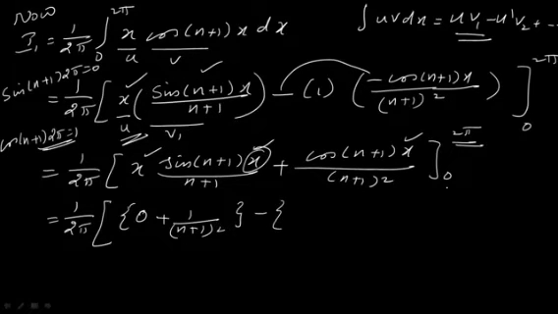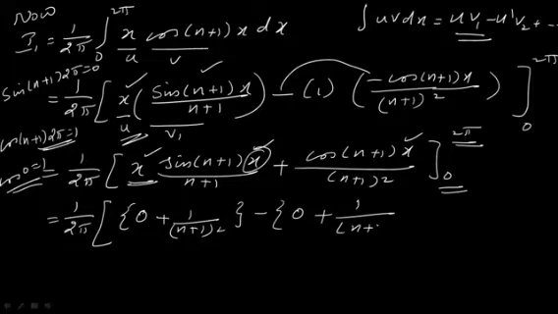Minus, coming to the lower limit, if you substitute 0, what happens? 0 into anything is 0. Plus cos (n plus 1)0, that is cos 0, and cos 0 is 1. So that is equal to 1 divided by (n plus 1) the whole square. That's all. Let me simplify this.